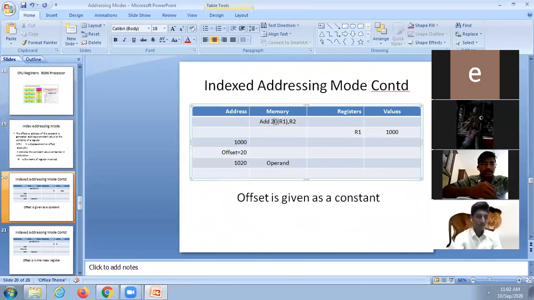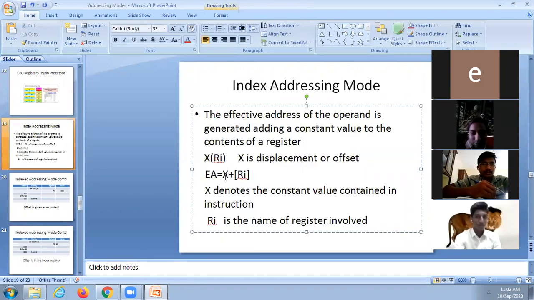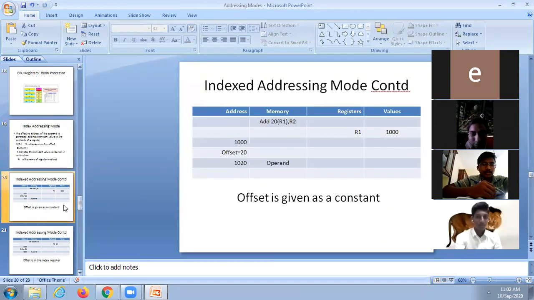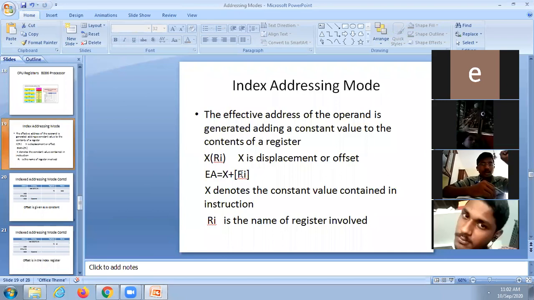So what do you have to add as per this? 20, that is X, plus whatever is there in Ri, that is the address.